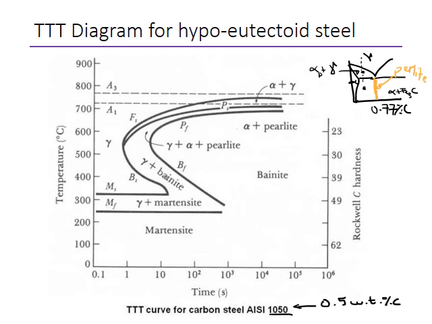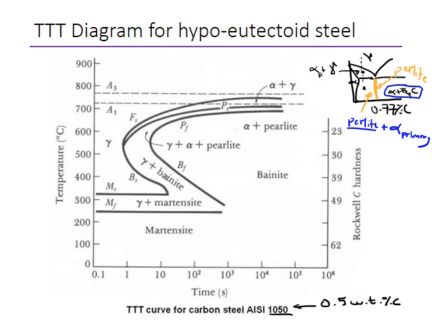So here in the middle, we'll have a mixture of pearlite plus primary ferrite. So depending on your point of view, you can consider only this possibility, which is ferrite plus cementite, or the right possibility from the engineering point of view. So we'll be talking about pearlite and primary ferrite.